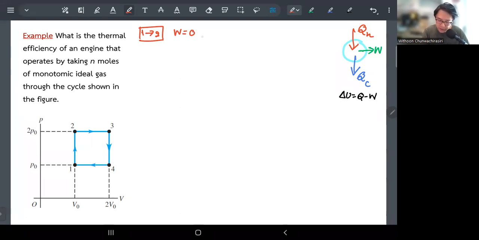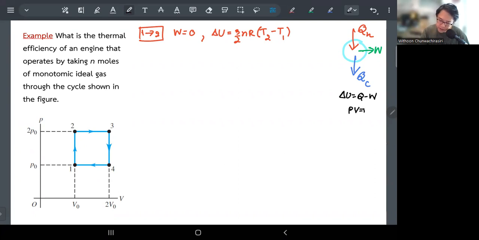Next, what about the delta U, the change in the internal energy? You said it's going to be 3/2 nR delta T. So let me put it like this: it's T2, the final temperature, minus T1, the initial temperature. Even though we don't know the temperature, nRT equal to PV all the time.